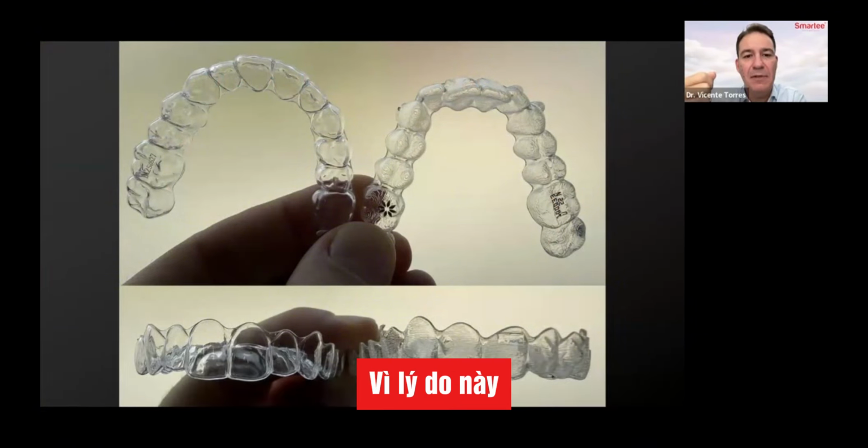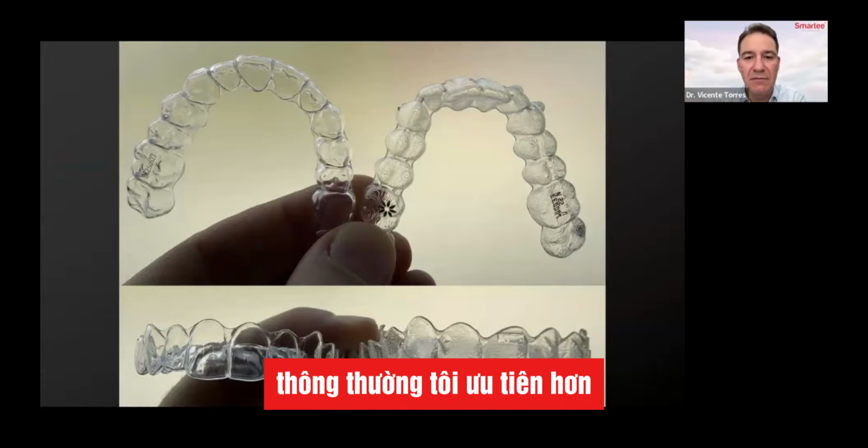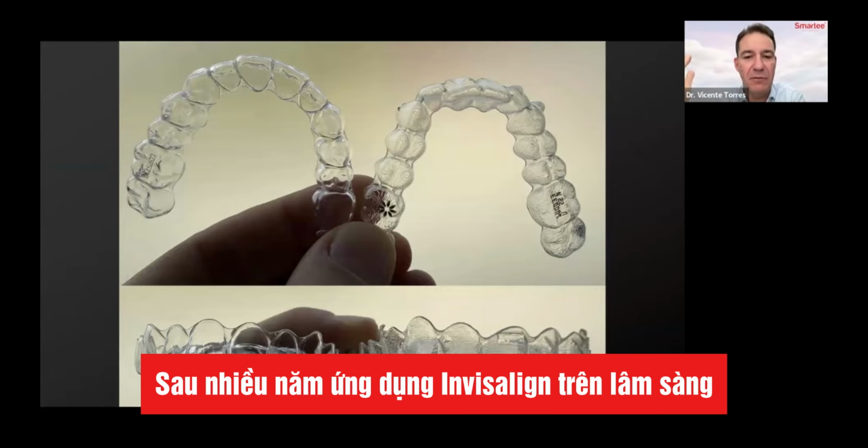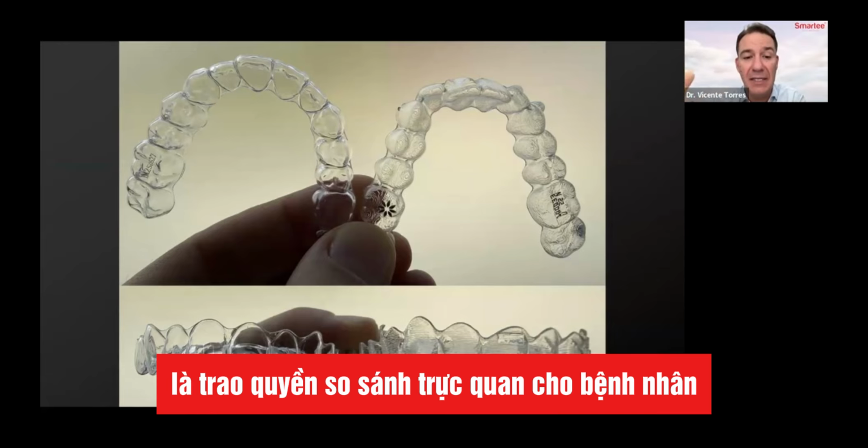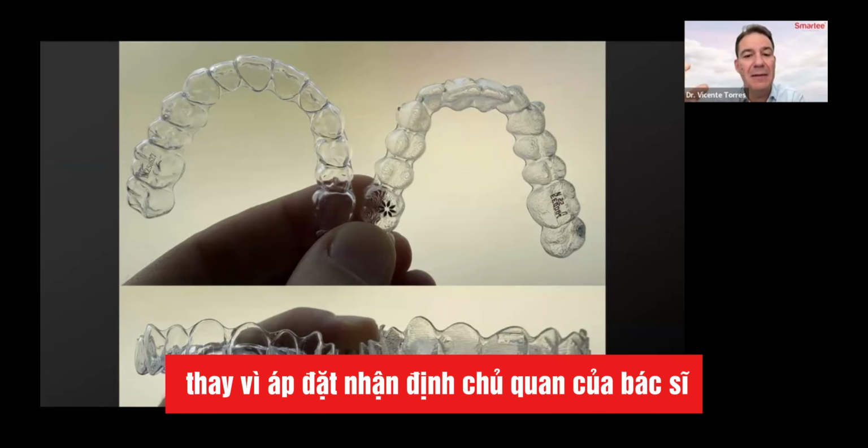I have used Invisalign for many years, but one of the strategies that I use is to let the patient compare the aligners themselves rather than me telling them which one is better.